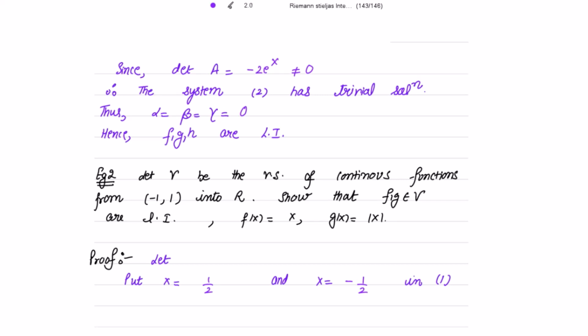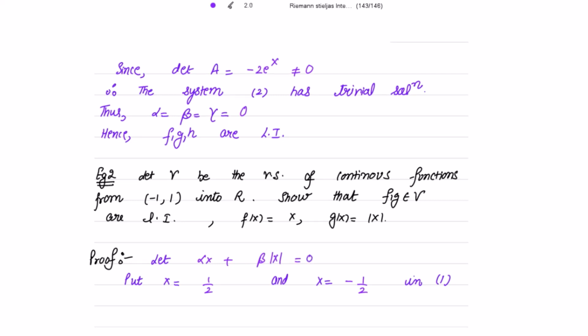Alright, so taking 2 scalars, alpha and beta, this is alpha x plus beta mod x equal to 0, marked as 1.